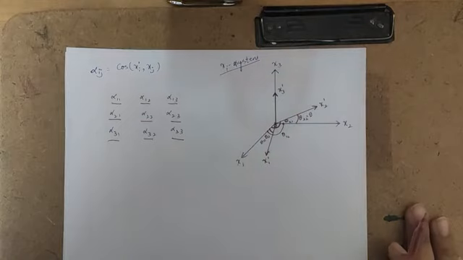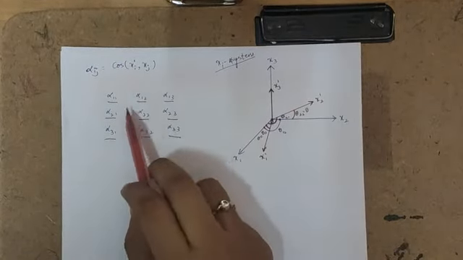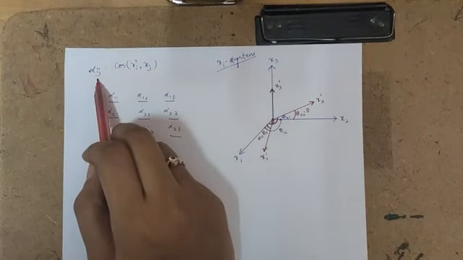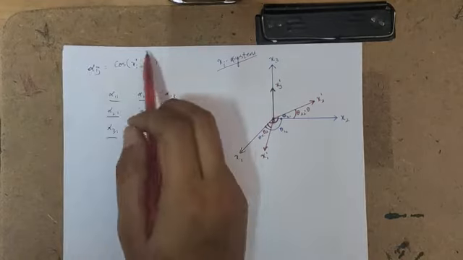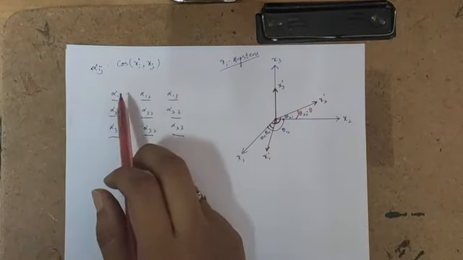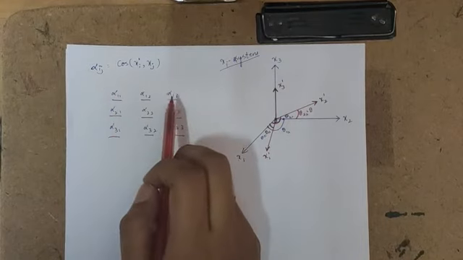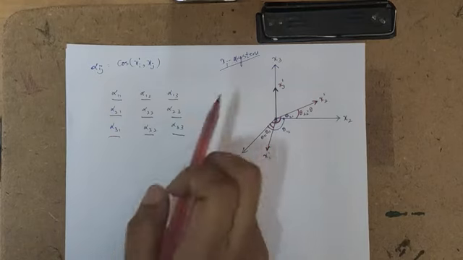In the previous session we have observed that we can write the direction cosine table using alpha ij is equal to cos of xi prime comma xj. Using that I have defined my direction cosine table. So now I have to fill the values alpha 11, alpha 12, alpha 13, alpha 21, 22, 23 and 31, 32, 33.